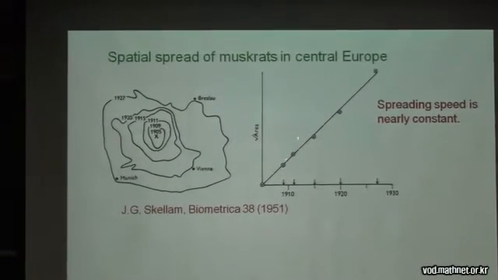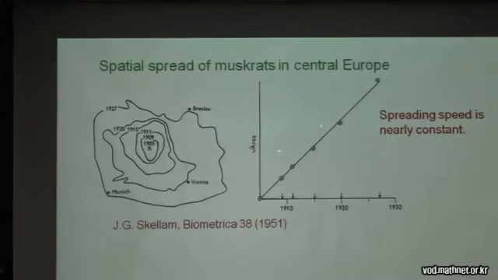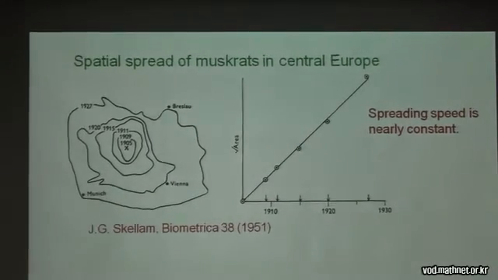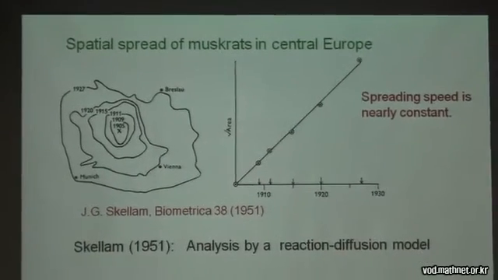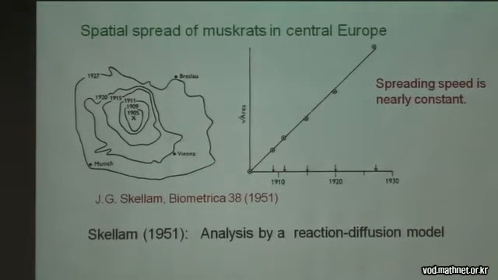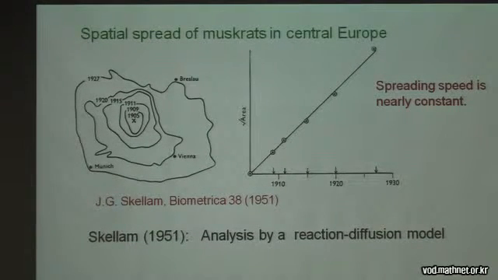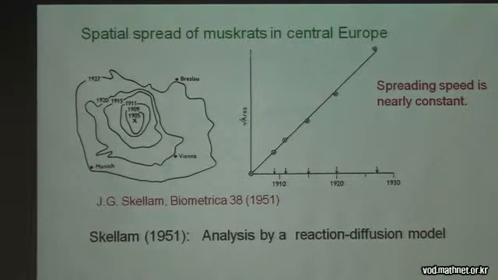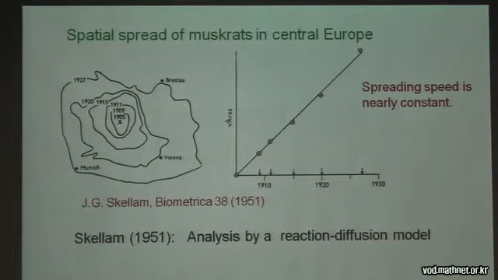This is the real data. So Skellam proposed a model to study this. And as a first step to understand this phenomenon, he made an assumption that animals just move randomly, like a Brownian motion.